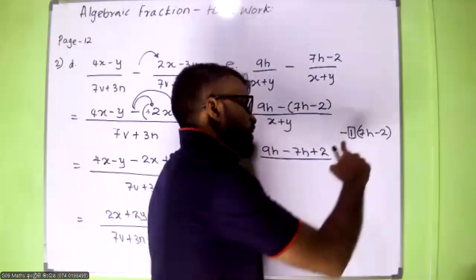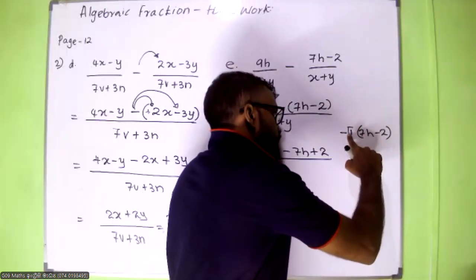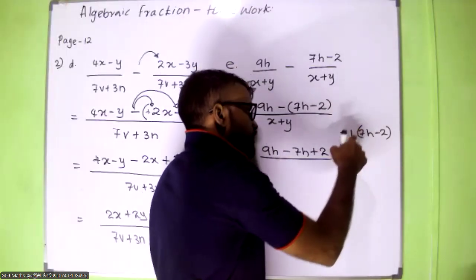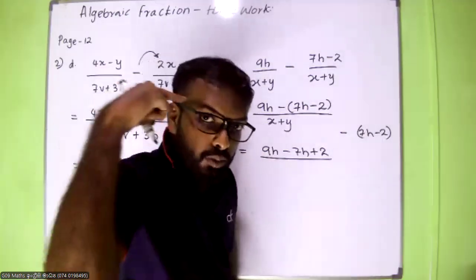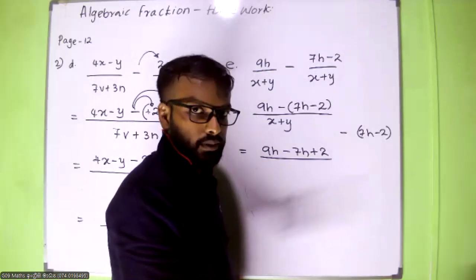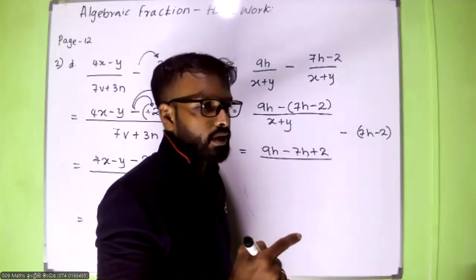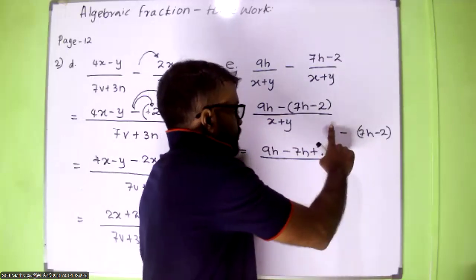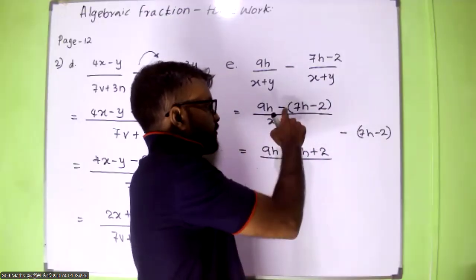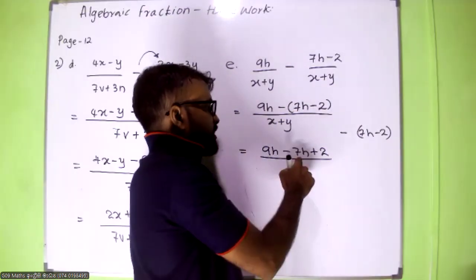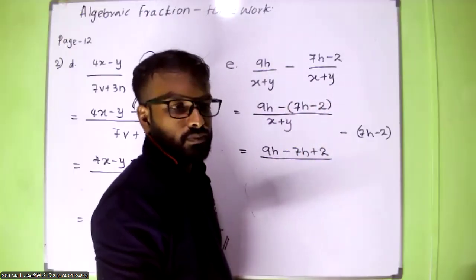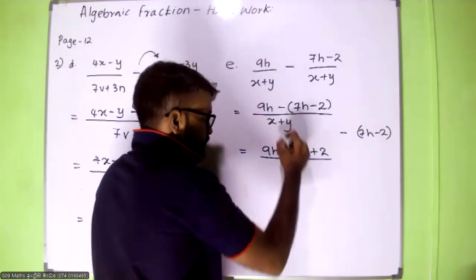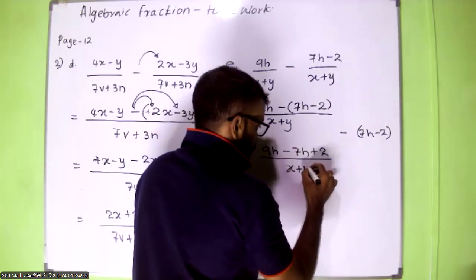Always you have the number 1 in front of the bracket, but we are not going to write it. It is in your mind. So that is why I am putting 7h here: 1 times 7h, 7h, 1 times 2, 2. Okay, so your denominator is x plus y.